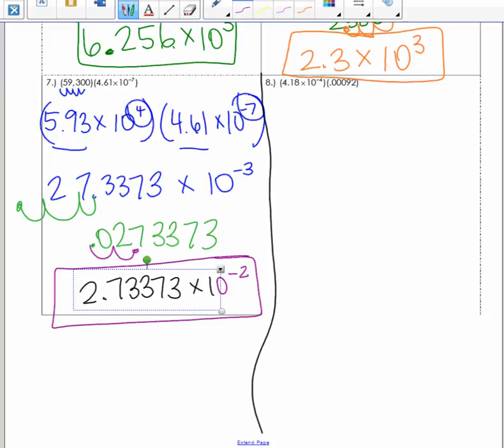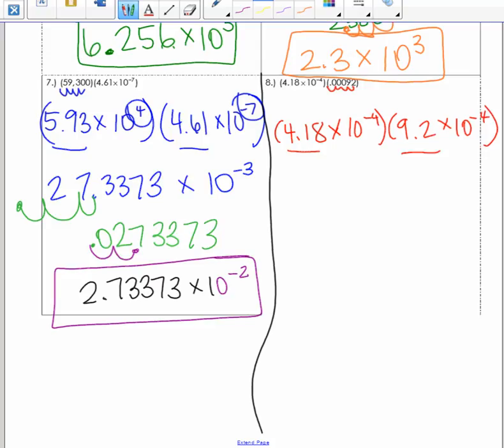all right, we need to convert that one first. So we are looking at 1, 2, 3, 4 spaces. So that first number stays as is. The second one is now 9.2 times 10 to the negative 4th.